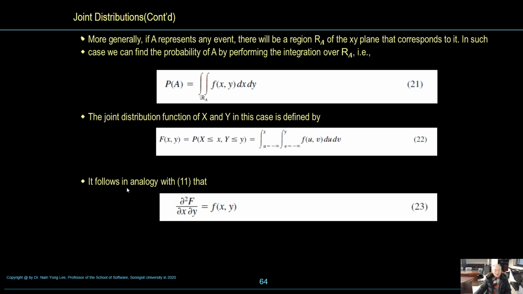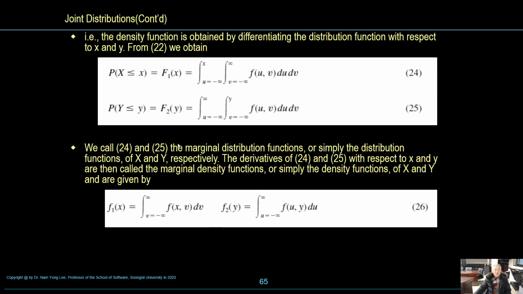It follows in analogy with formula 11 that formula 23 holds, that is, the density function is obtained by differentiating the distribution function with respect to x and y.